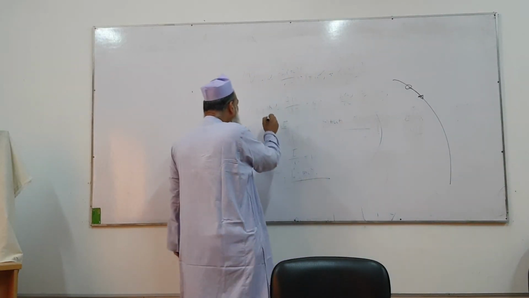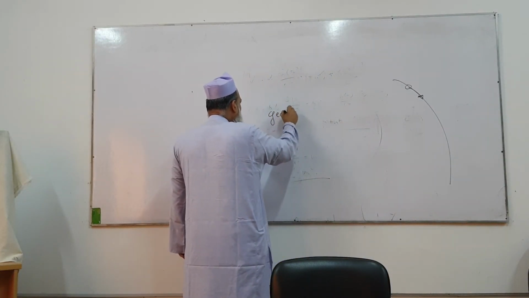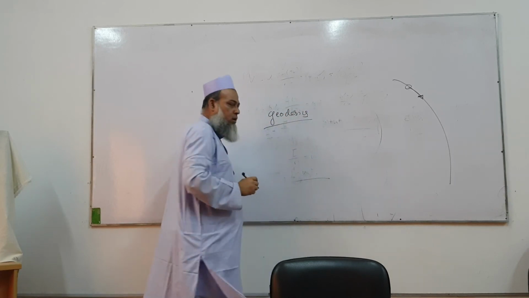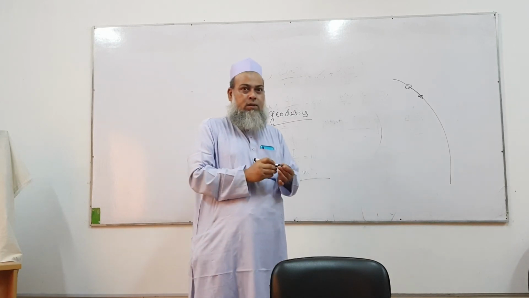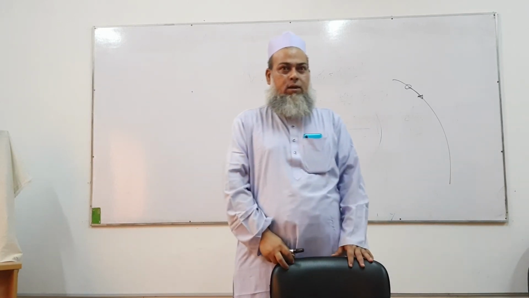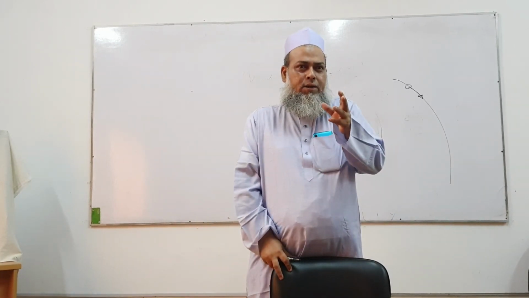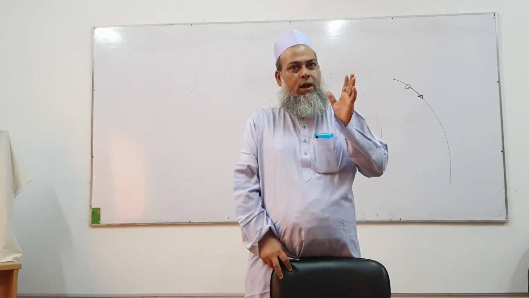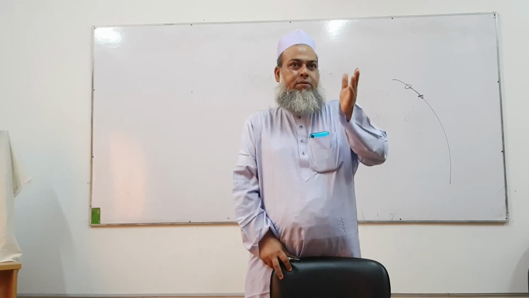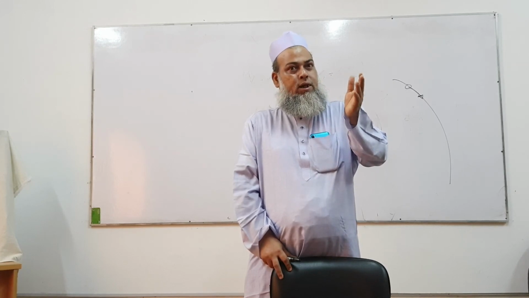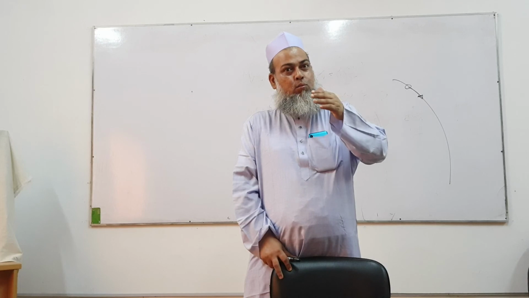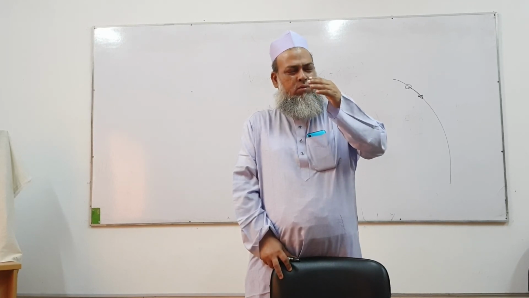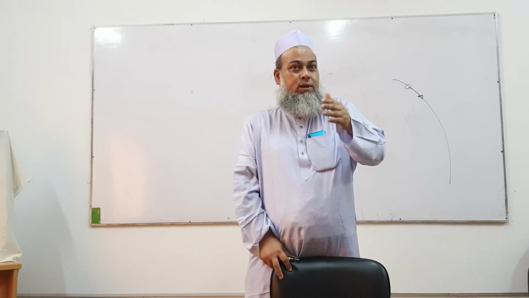These things are called geodesics. Geodesics are as straight as possible lines. We know a straight line does not bend. A geodesic can bend, but it is the straightest it can be.